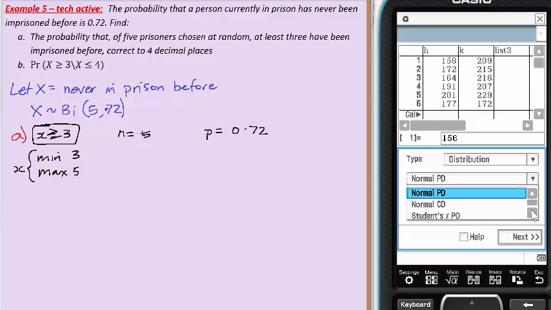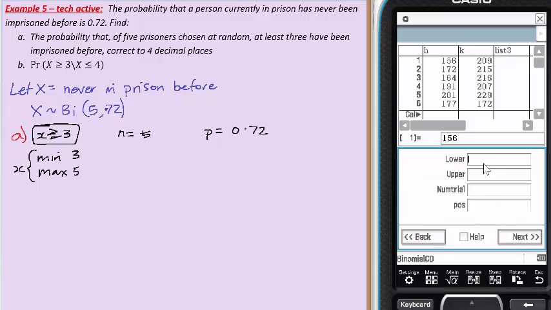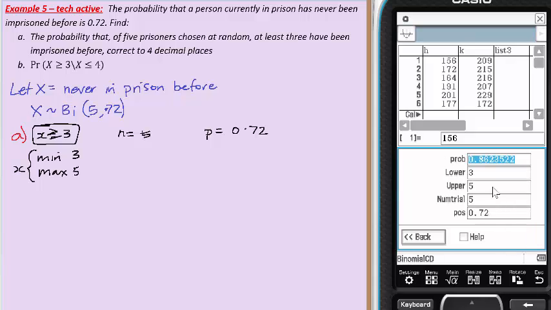So we'll come down to binomial cumulative distribution, CD. Next, my lower level will be 3, my upper level is 5, my number of trials is 5, and my probability is 0.72. So we hit next, and we get a probability of 0.8624.